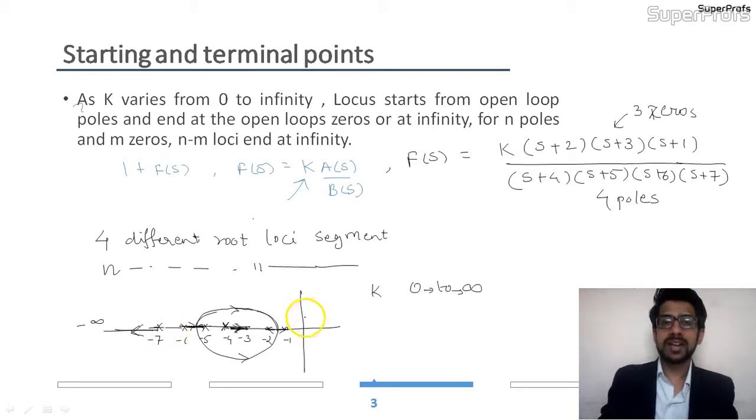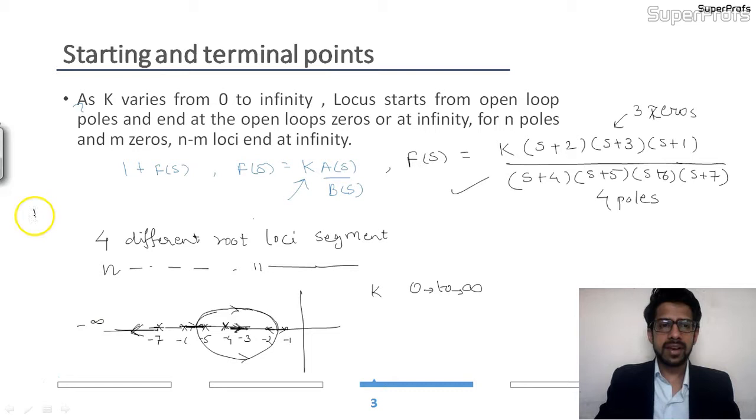All of you might be wondering why I drew the root locus in this specific manner. Because this is the right diagram for this particular root locus, and I will explain how I drew it. We will use the same example for explaining the other rules also, so that you will understand. So as you vary k from 0 to infinity, we will get such a diagram. Just remember, from the poles the root locus starts and ends at a particular zero, and for the poles which do not find a zero, it will go to infinity.